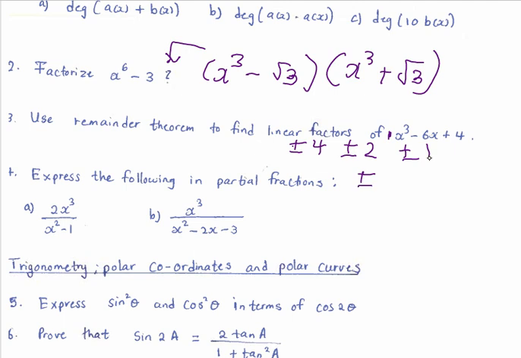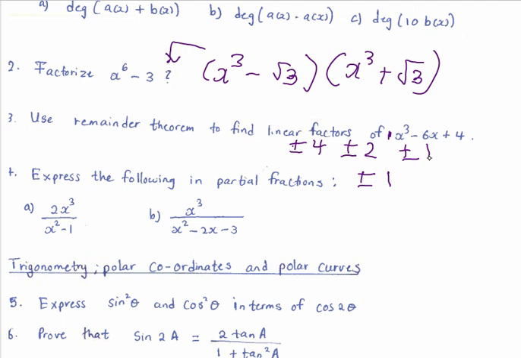I told you that to find all the possible values that could be the roots of this equation, which means when you substitute them they'll give you 0, you must divide the factors of the constant term by the factors of the leading coefficient.